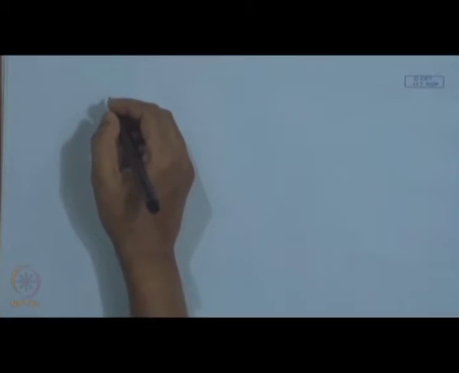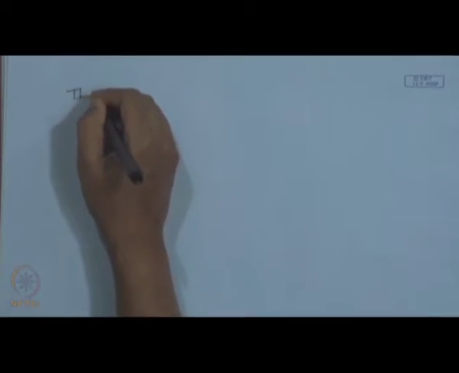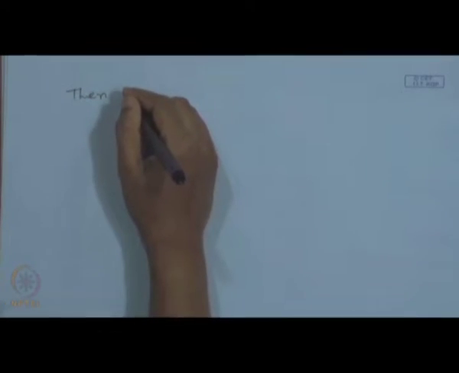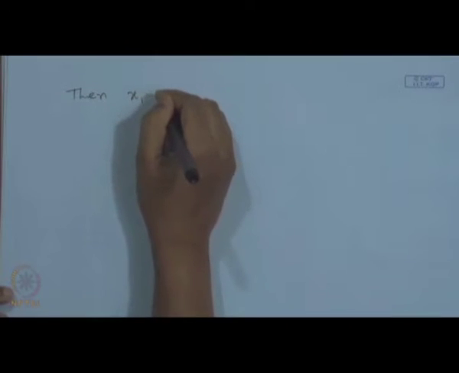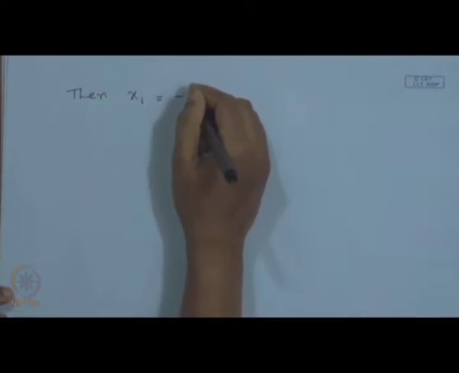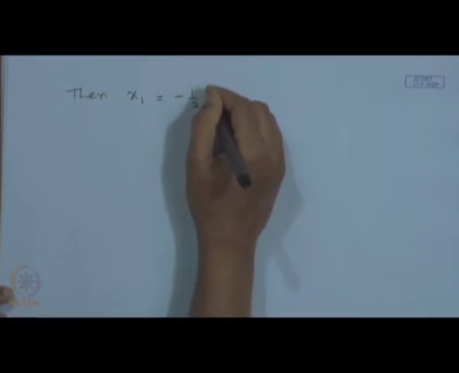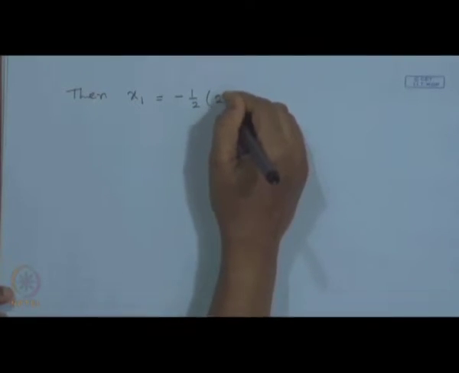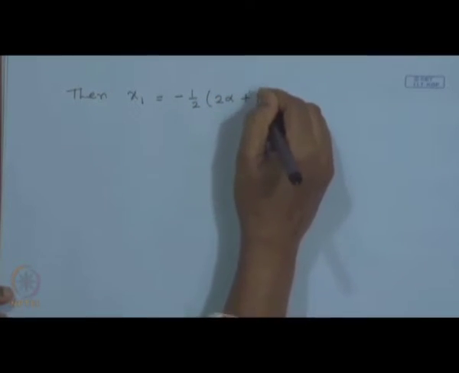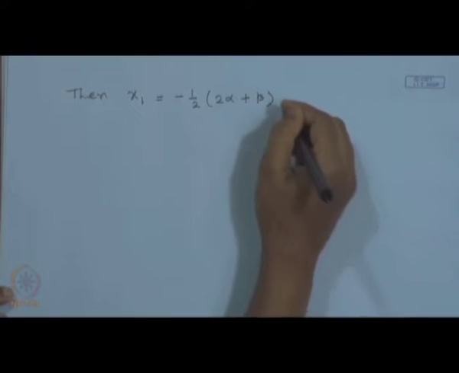Then we get x1 = minus half into (2 alpha plus beta).